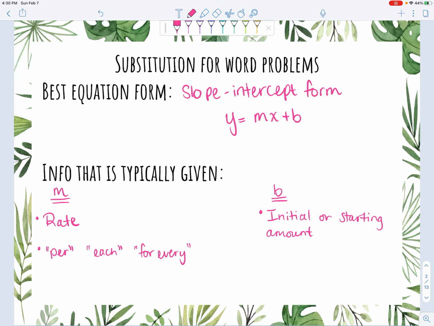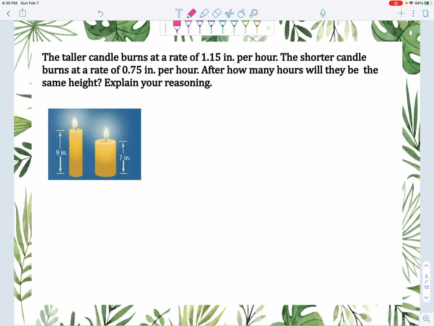So keeping all of this in mind, we can use these strategies to help us write systems of linear equations and then solve it using the substitution method. So let's take a look at this example, and I'll walk you guys through a couple here, and then I'll let you try one. We've got a couple of candles. One of the candles is 9 inches tall and the other candle is 7 inches tall.